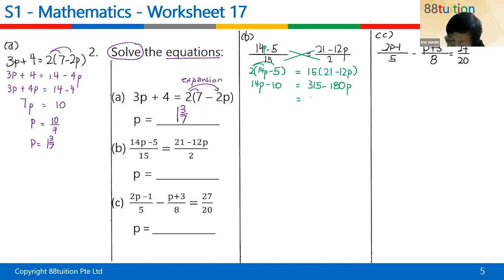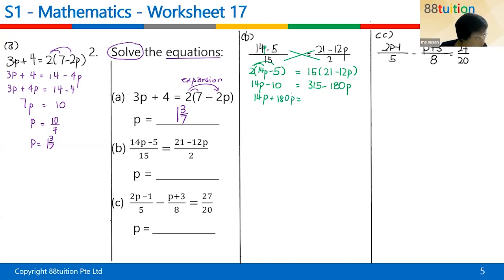So I will have 180p. That means I must have minus 14p minus 180p. Or you want to put it the other side, which looks nicer, because of the big number. You can have 14p plus 180p.